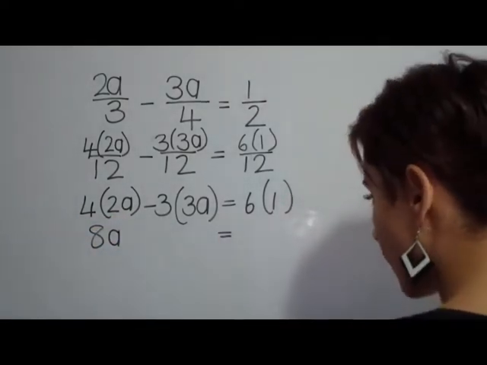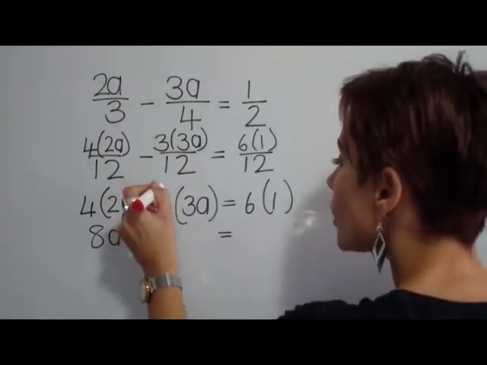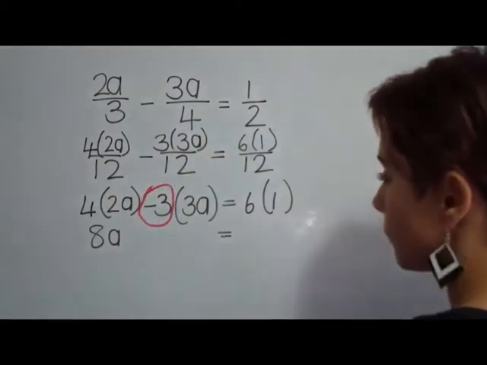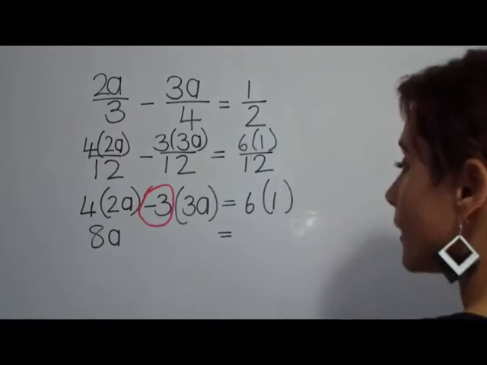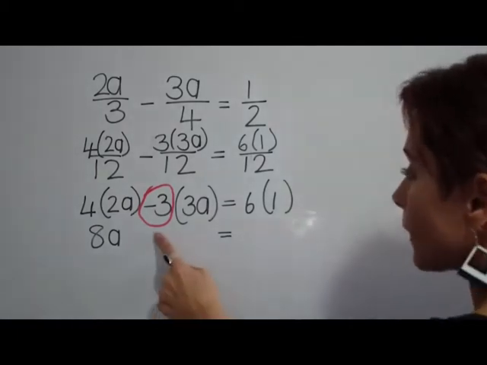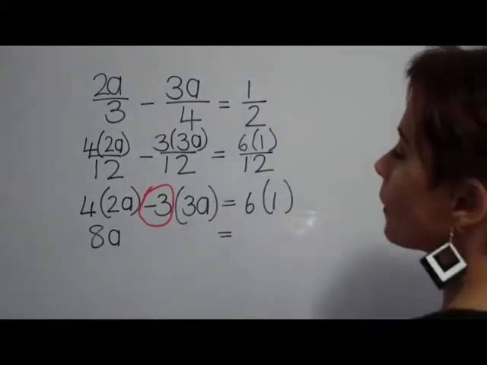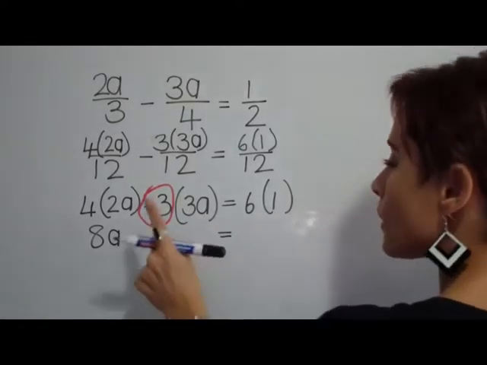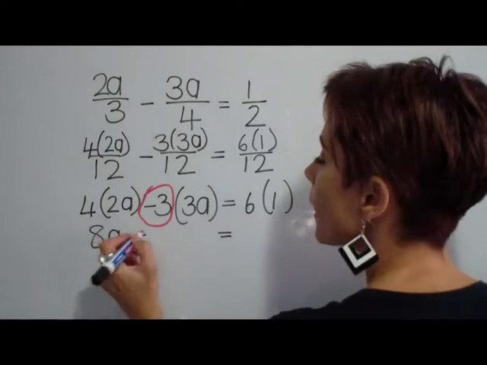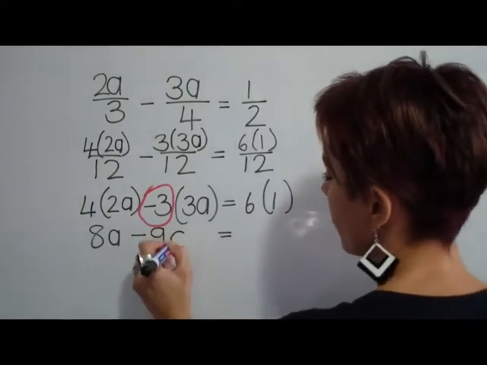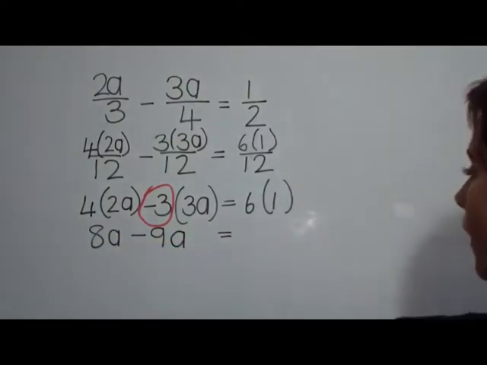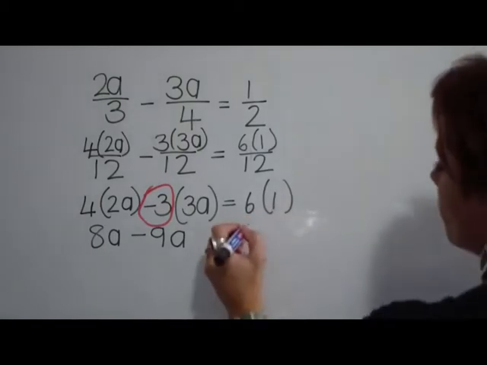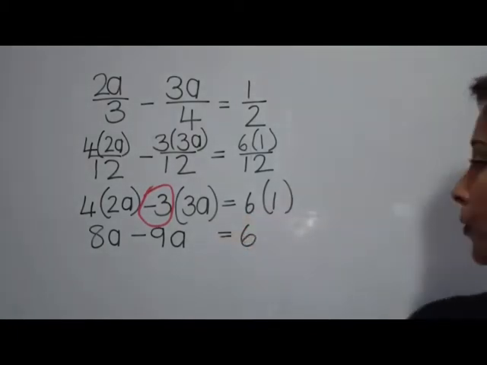Guys, I want to highlight it, it's not just a 3, it's a negative 3. Dis baie belangrik, dis 'n negatief 3. En daai negatief 3 word gemaal met 3a. This is a negative 3 that's times by 3a. Negative 3 times 3 is negative 9 what? Negative 9a. And that is equal to 6 maal 1, and dit is 6.